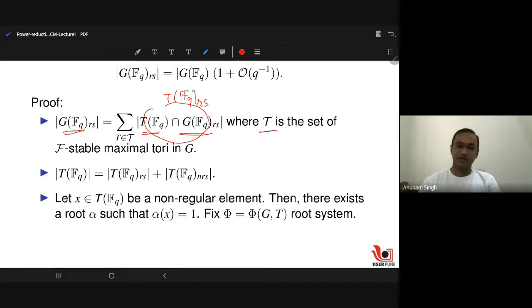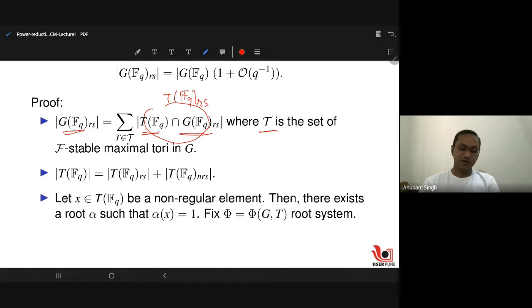I have this notation, script T, which is the set of all F-stable maximal tori in G. So counting regular semi-simple elements is nothing but counting them inside maximal tori and summing them up.